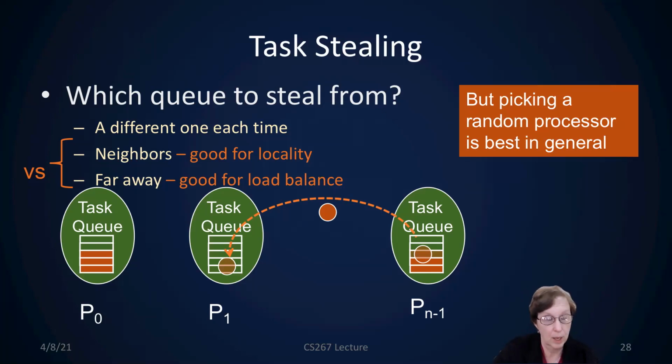Sometimes the tasks don't have any communication between them. If you grab things that are farther away, that is often better for load imbalance, because if a few processors start running out of work, they're going to be stealing from each other and then get less and less work in that community. And so stealing further away is likely to kind of spread that distribution out.